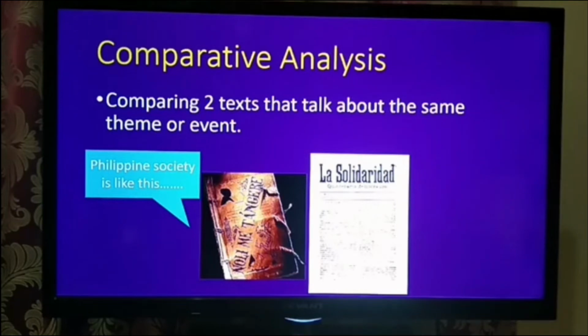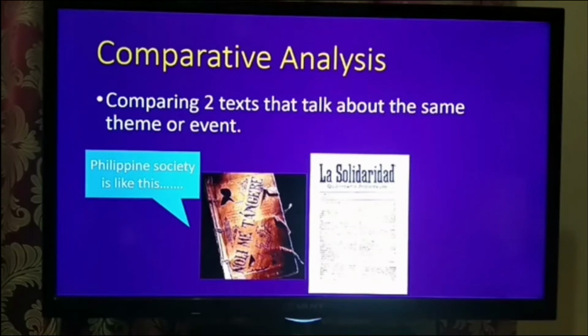Okay, so it talks about abusive priests. It talks about Spaniards who were bad and Filipinos who were struggling and thinking about fighting the Spaniards.